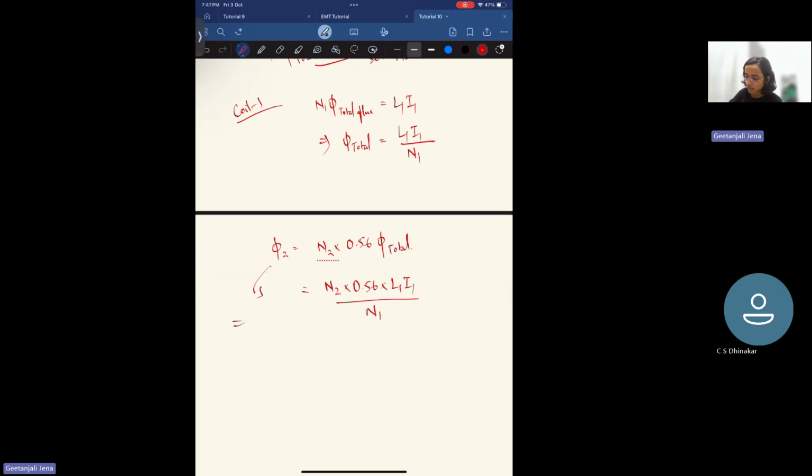And this we can write in terms of mutual inductance and current I1.